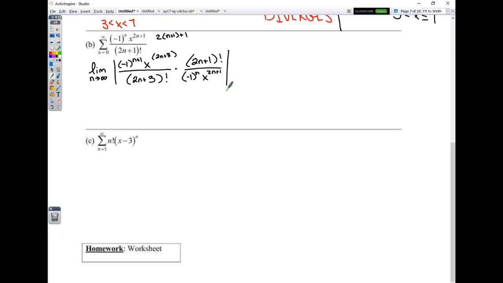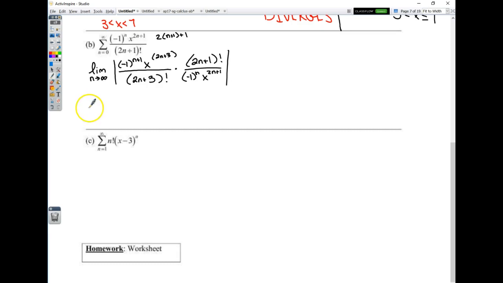Why is the center at 0? This isn't x minus or x plus anything. This is just x.